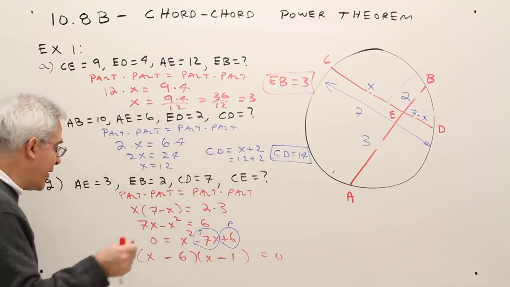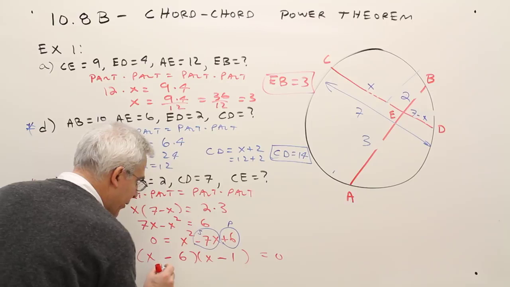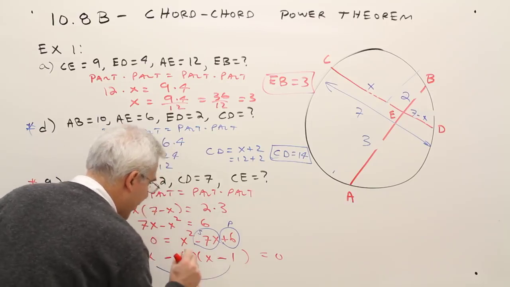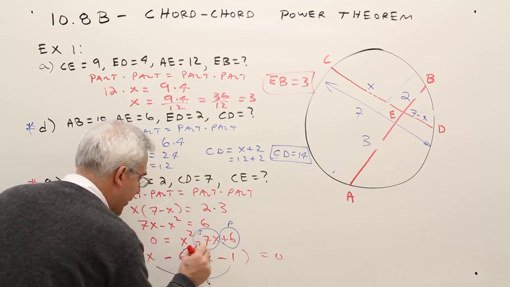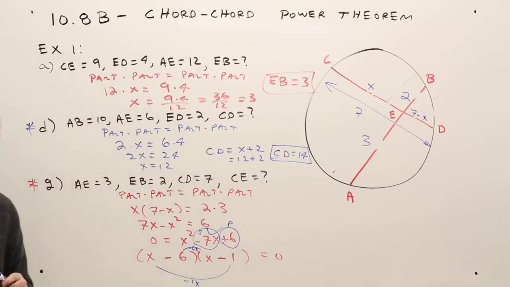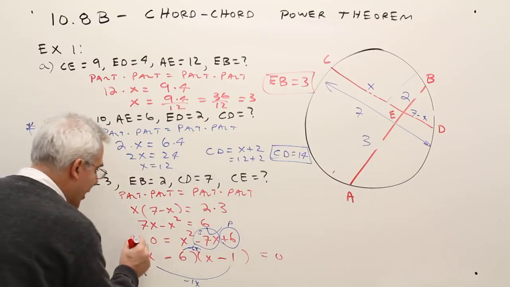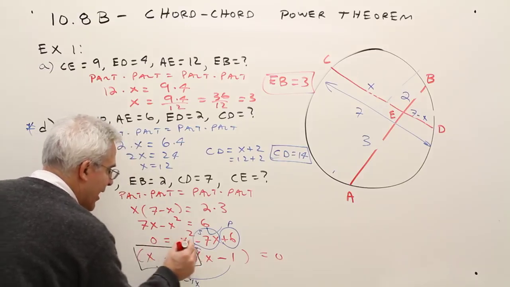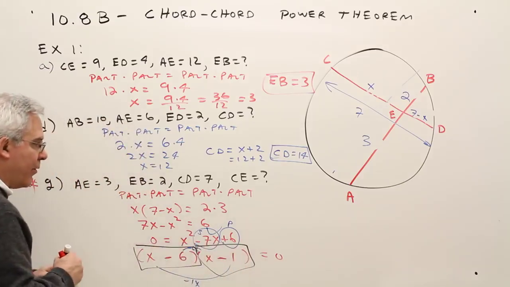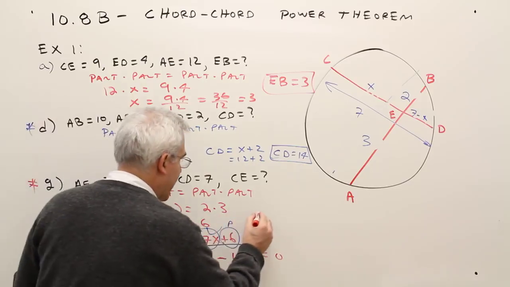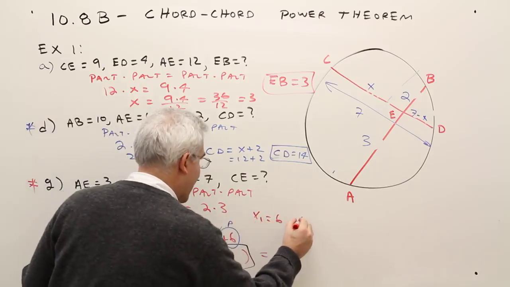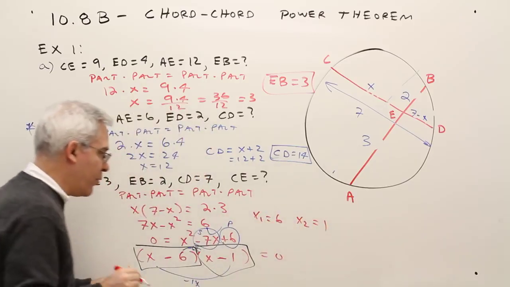We can always do the OI check. The outers is minus 1X. The inners is minus 6X. That does sum minus 7X. And after we do that, then I chunk it and set each chunk equal to 0. So I get x sub 1 equals 6, and x sub 2 equals 1.